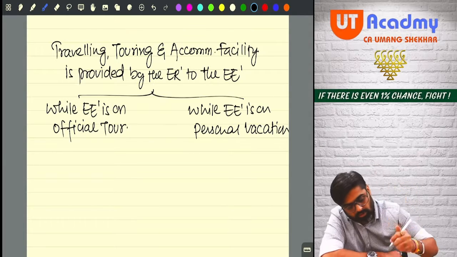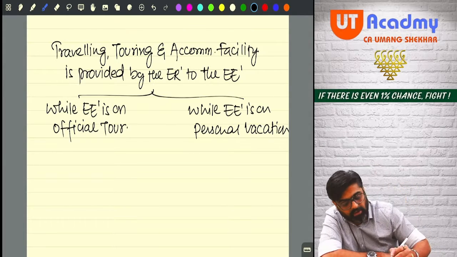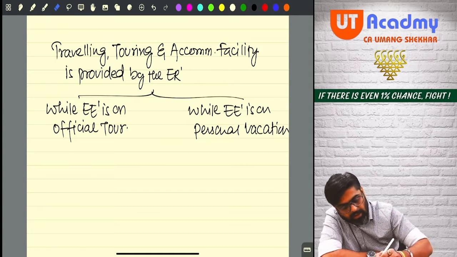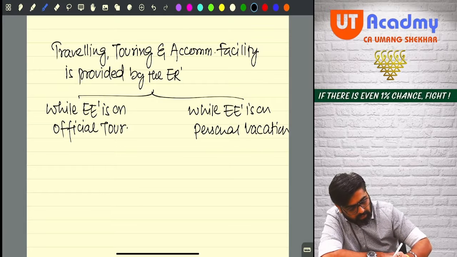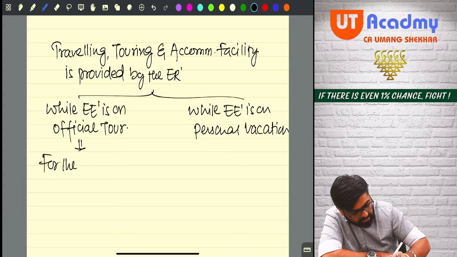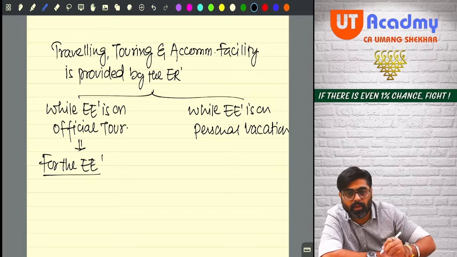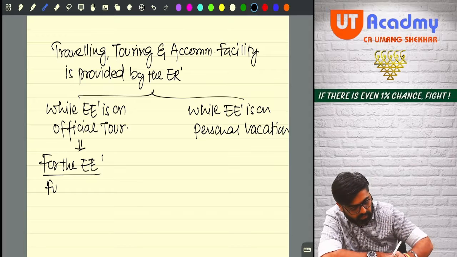Got it? So while the employee is on an official tour, the benefit provided by the employer for the employee is fully exempt.